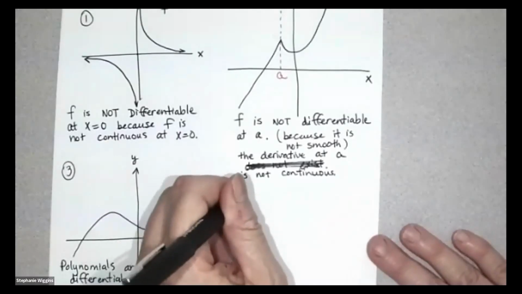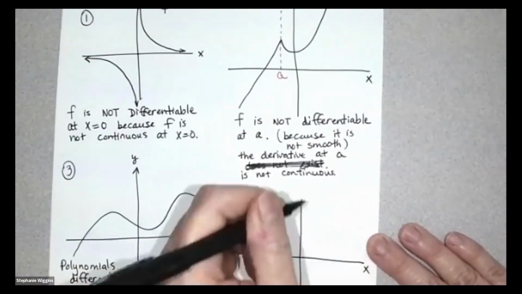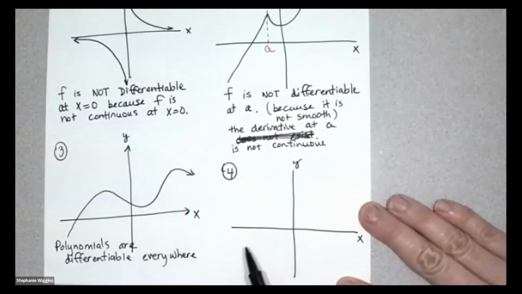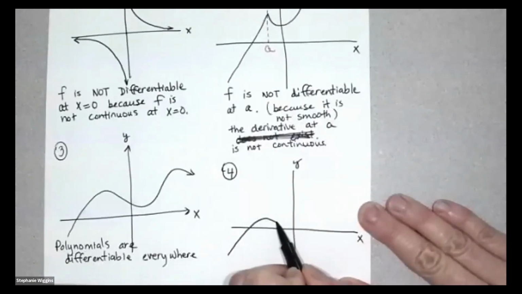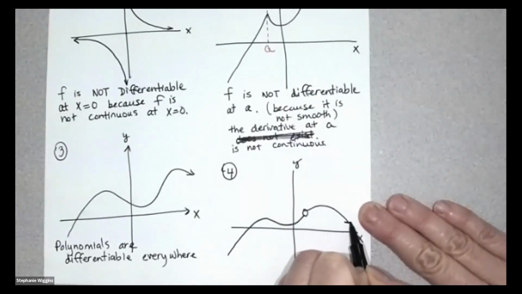Incidentally, another example. So here we have a curve that's smooth, okay? But it's not a polynomial because it has a hole in it.